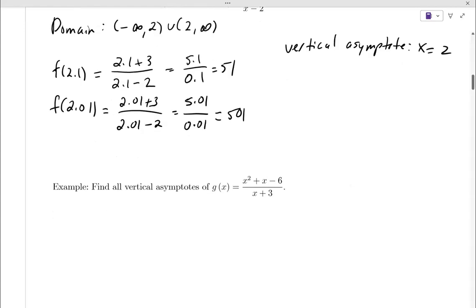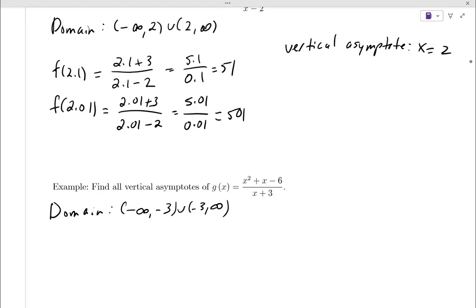At -3, right? So if I look at the domain here, it would be negative infinity to -3 union -3 to infinity. You might be tempted to say, hey, I bet there's a vertical asymptote at x equal to -3, right?